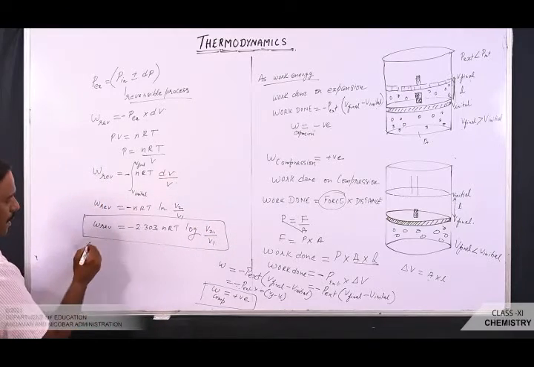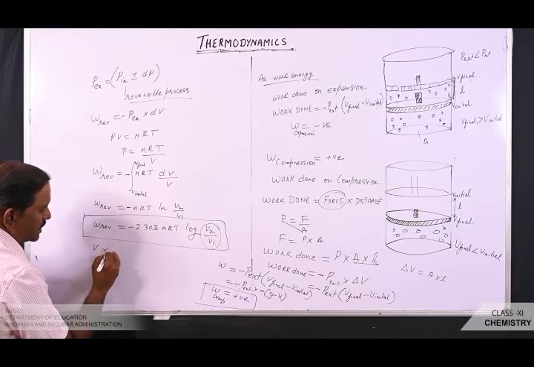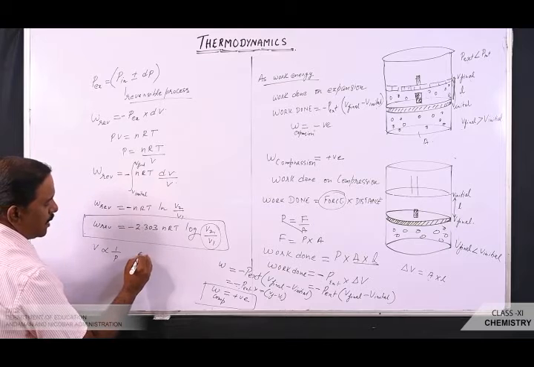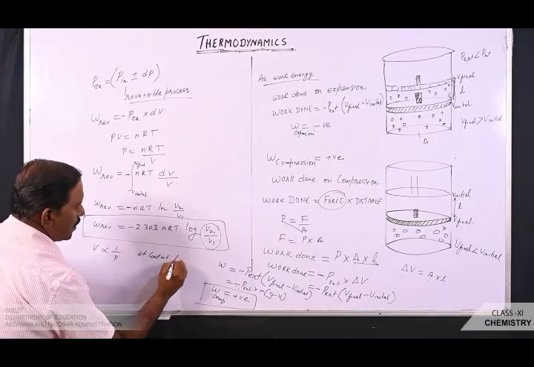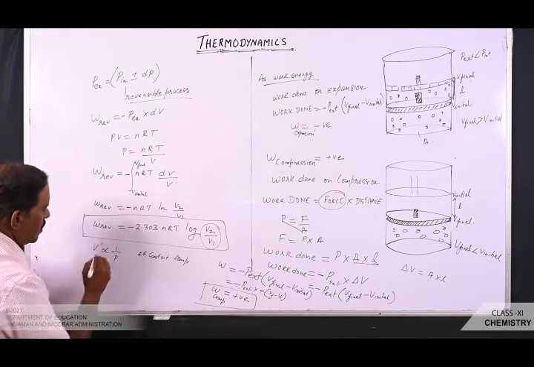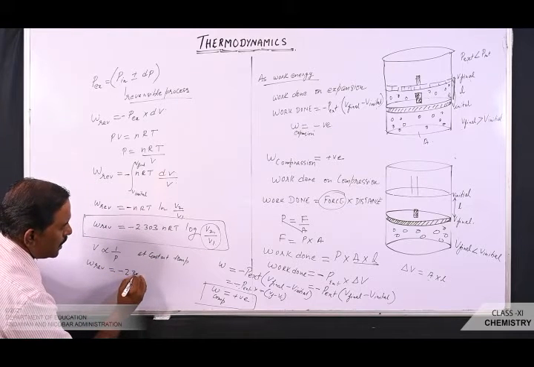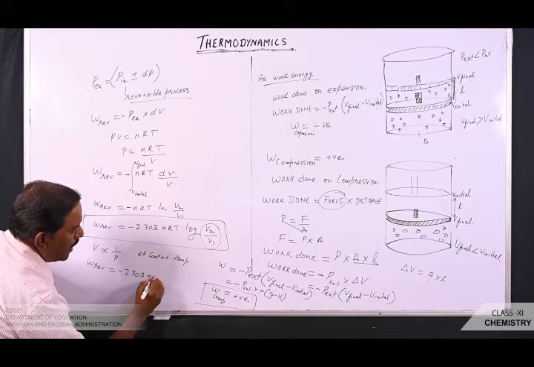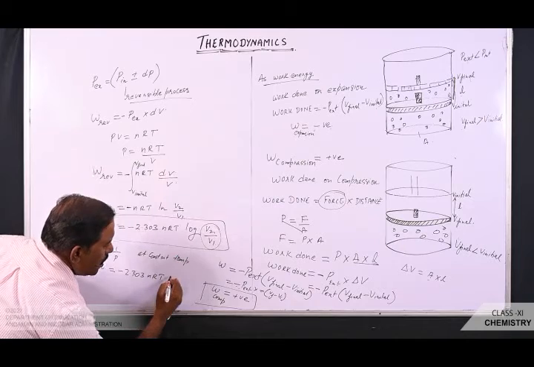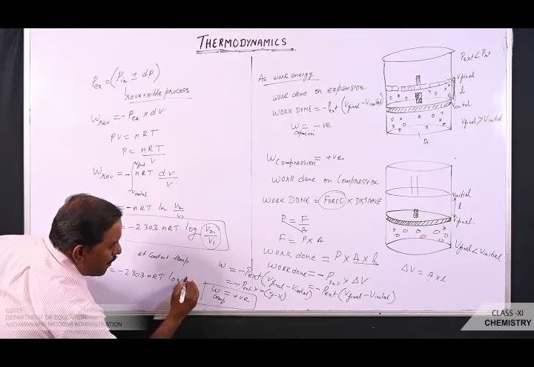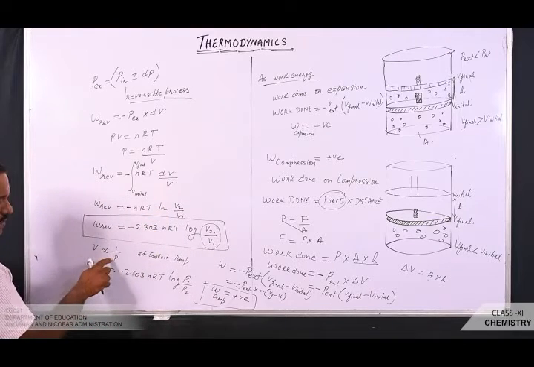Okay. Now, in this case we can change to pressure. So, we know volume is inversely proportional to pressure at constant temperature. So, work reversible can be written as minus 2.303 nRT log of P1 by P2, as this is inversely proportional.